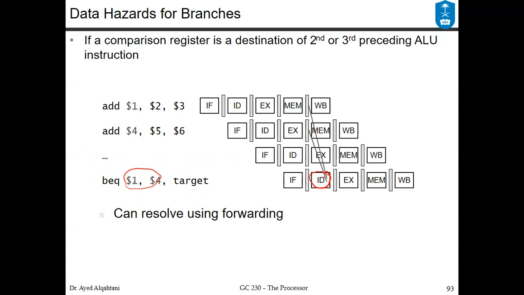So they need to be supplied to the ID stage from these instructions. And for the add, you could get it from the execute and feed it to the ID. And for this add, you can get it from the memory and feed it to the ID. Notice that there is another instruction here. So this way, you can resolve the problem using forwarding, and the problem would be solved.